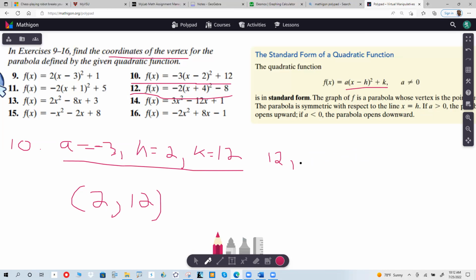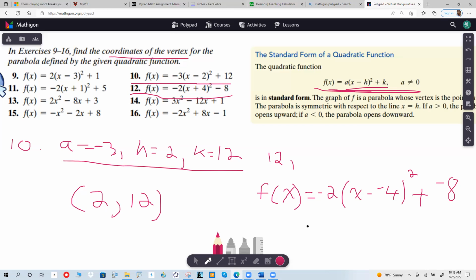I'm going to rewrite number 12 as follows. -2, I want to make it look like this: -2 times x plus 4 squared, and this is plus, so I don't like this -8. I don't care much about this -2. I don't need it. So the vertex is going to be this.